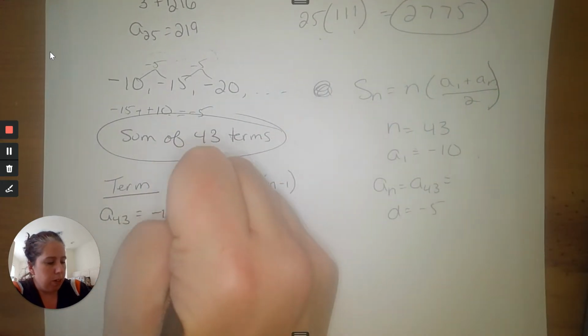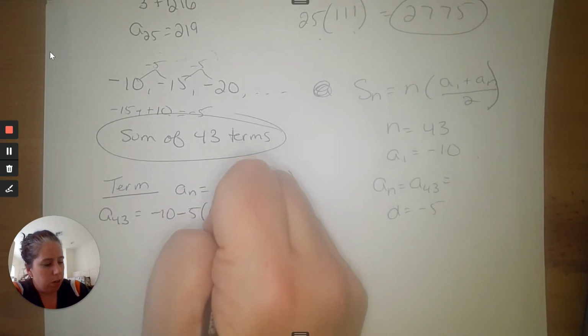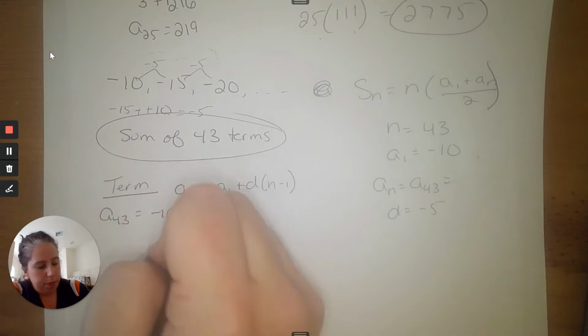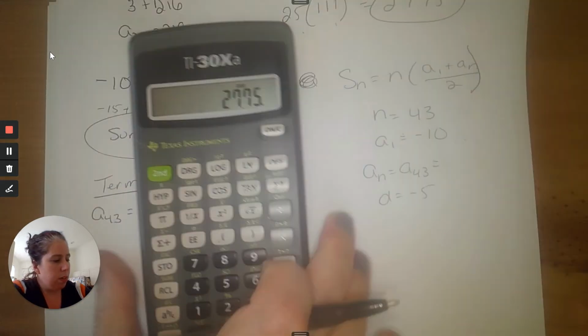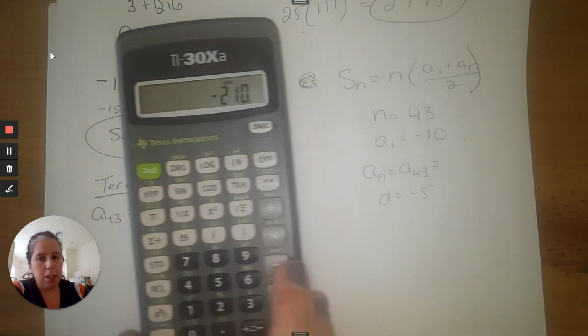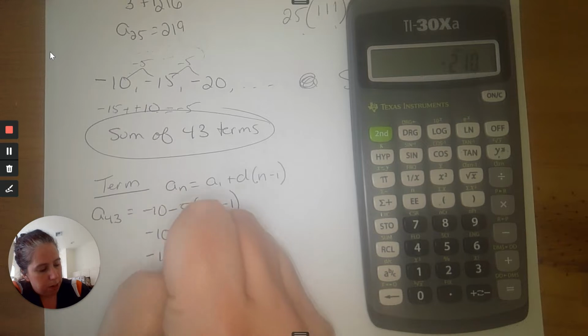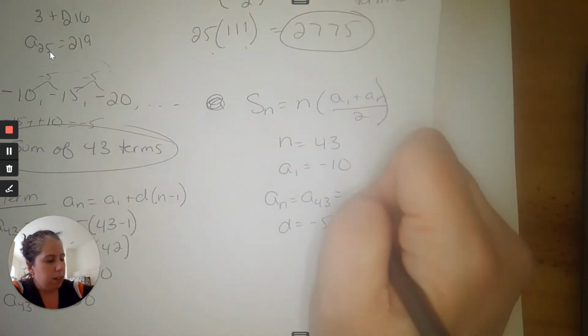So we're going to go minus 5 times n, which is 43 minus 1. So negative 10 minus 5 times 42. Negative 5 times 42 is negative 210. So it's negative 10 minus 210, which gives me negative 220. That's your 43rd term, because that's a sub n.